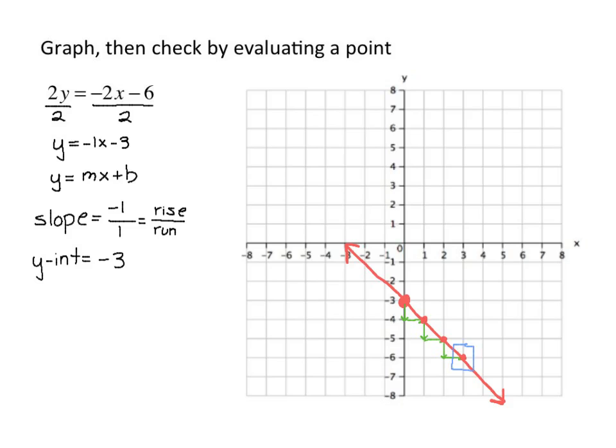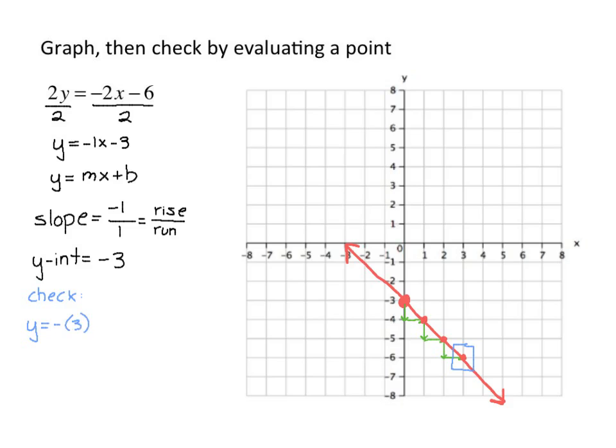So if I check this, I can use our simplified equation. I'm going to plug in that 3, and I'm going to hope I get negative 6. So y equals negative 3, the x value we're plugging in.